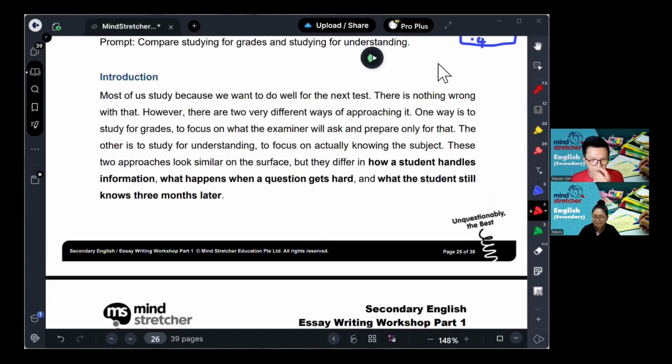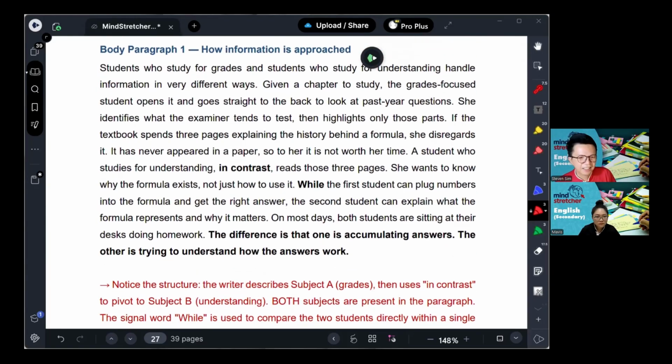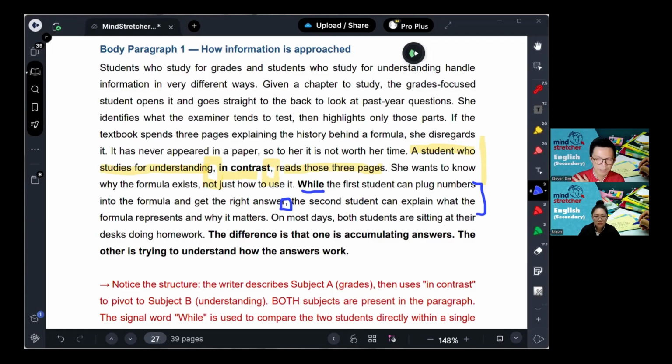Okay. So, for example, something like this. A student who studies for understanding, in contrast, reads those three pages, and then there's a description. After that, you have, wow, the first student can plug numbers and get the right answer, while the second student can explain what the formula represents and why it matters.